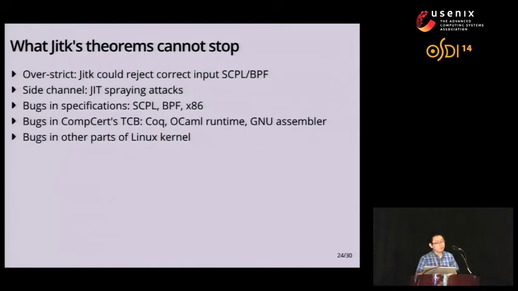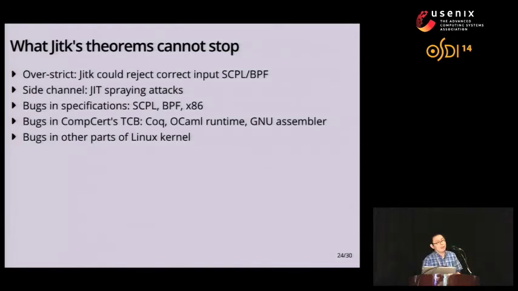So I want to discuss a few limitations, like what the theorems cannot prevent. First, the theorem says that if our JIT accepts the input, then the result will be correct. That means our JIT could reject some legit input, but we believe this is not a security issue, so it's fine.